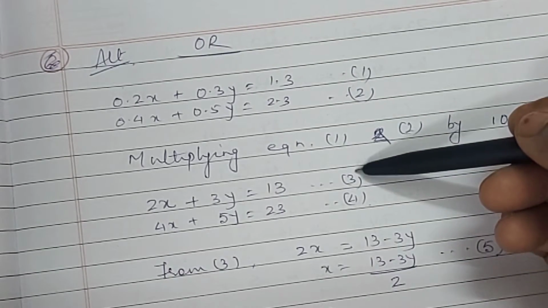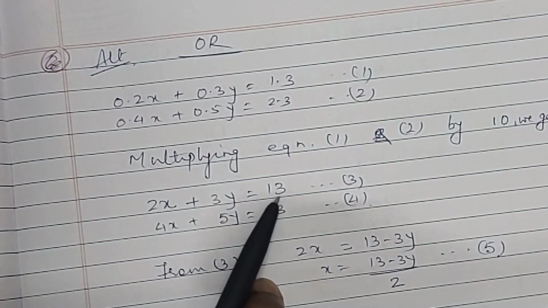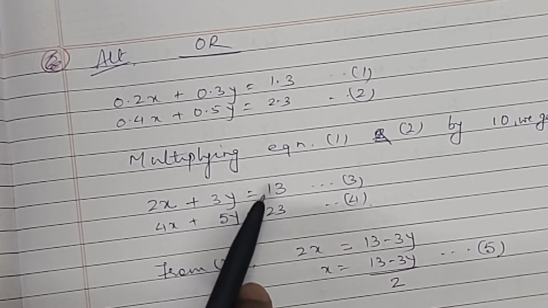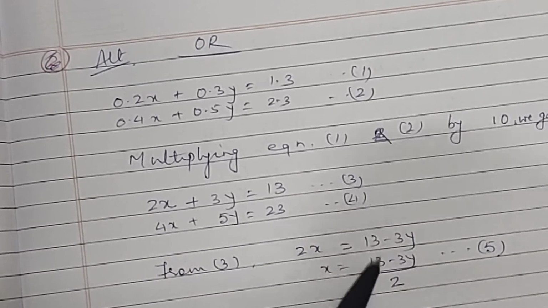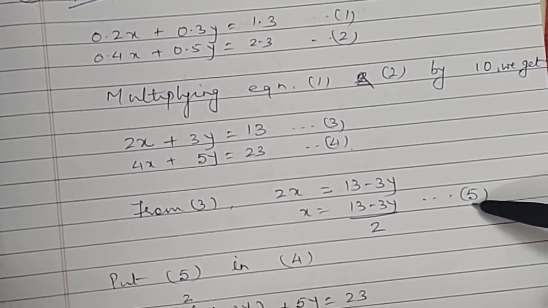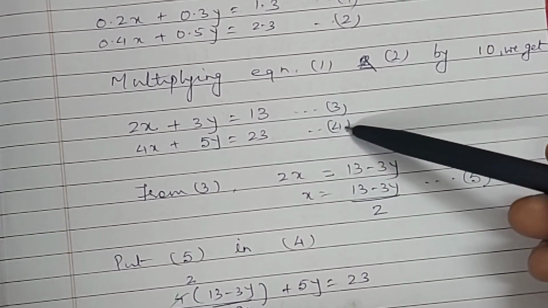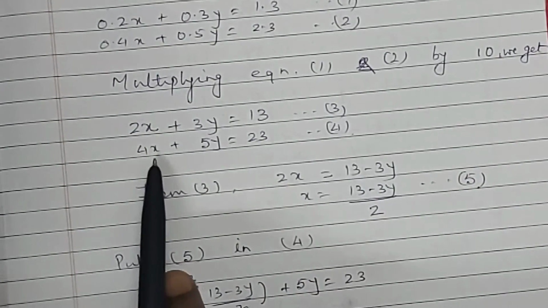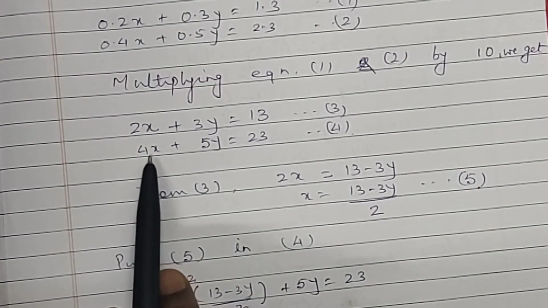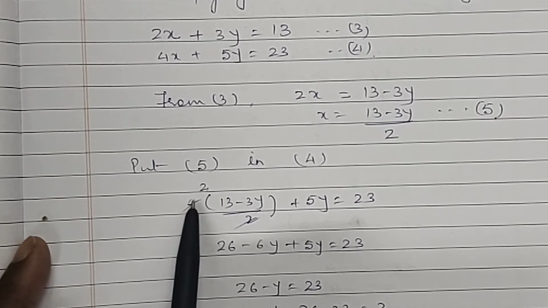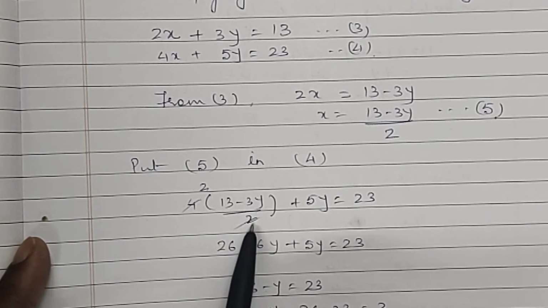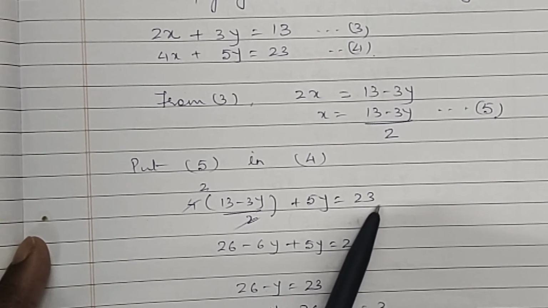Now from equation 3 I am getting 2x equals 13 minus 3y, or x equals (13 minus 3y) by 2. Name it equation 5. Now substitute equation 5 in equation 4. In place of x I will put (13 minus 3y) by 2. So I have put it here: 4 into (13 minus 3y) by 2, plus 5y equals 23.